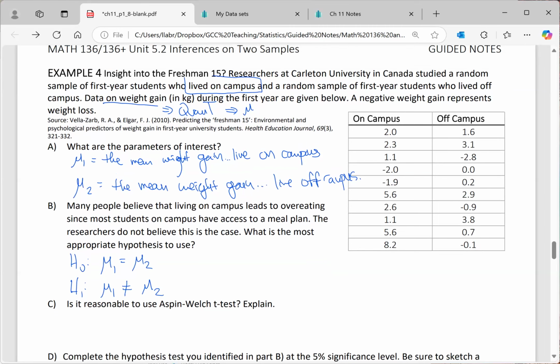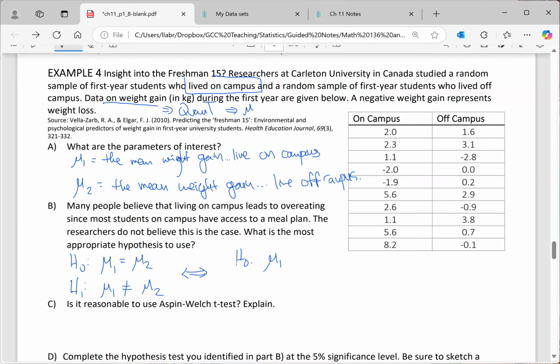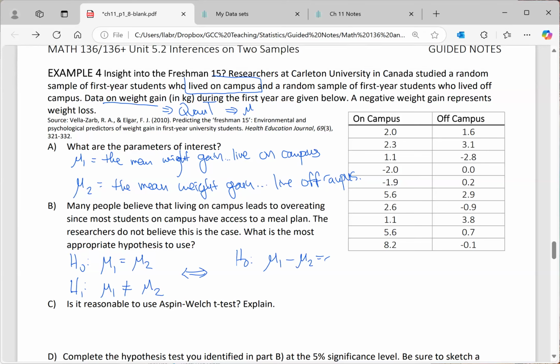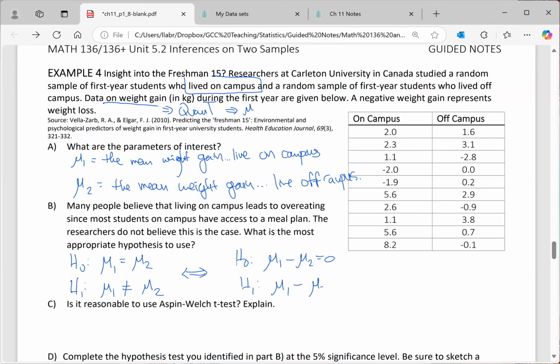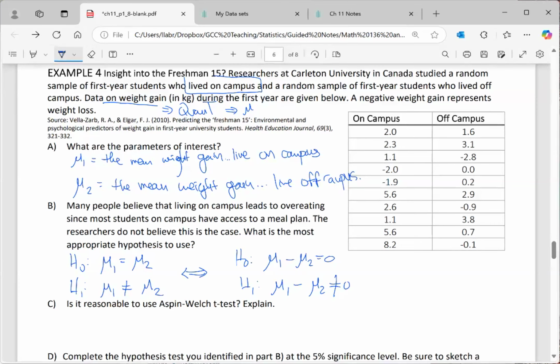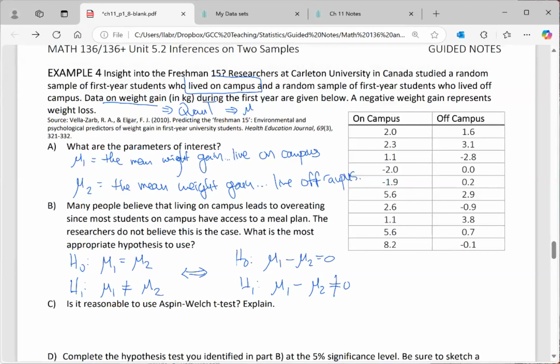So let's go ahead and test whether mu1 is really different from mu2. Remember that StatCrunch is going to want these on one side, so we're going to do that as well. So mu1 minus mu2 is 0 versus the alternative, which is mu1 minus mu2 is not 0. We don't know what it is, but we're just saying it's not 0.